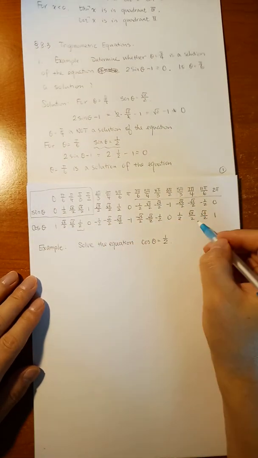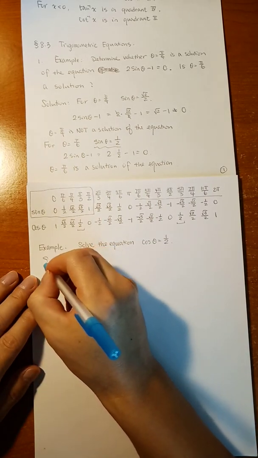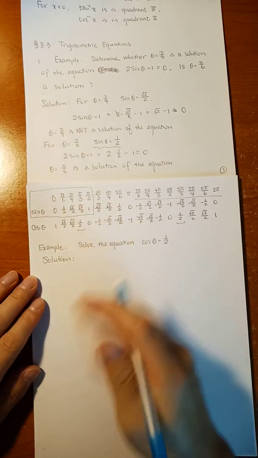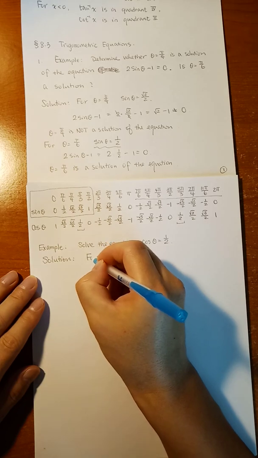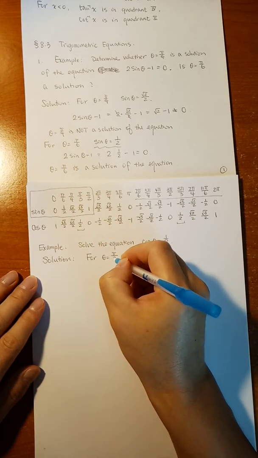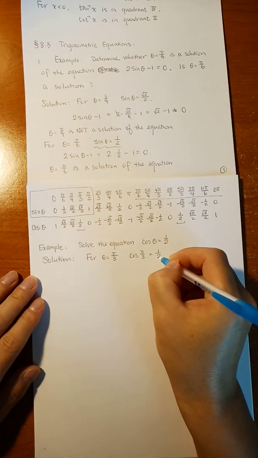Check here. So we know theta is pi over 3. Cosine pi over 3 is 1/2.